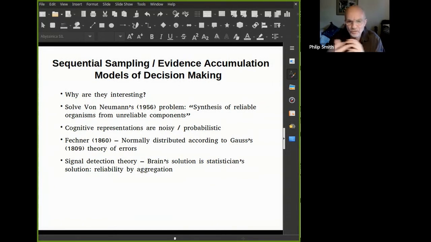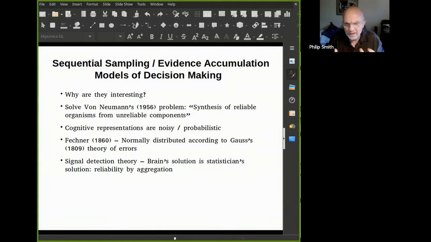That follows from the idea that if your measurement is made up of a number of independent components, each subject to error, then the distribution of the whole will be normally distributed. And that idea carried over into the 20th century, into Thurstone's law of comparative judgment and signal detection theory.